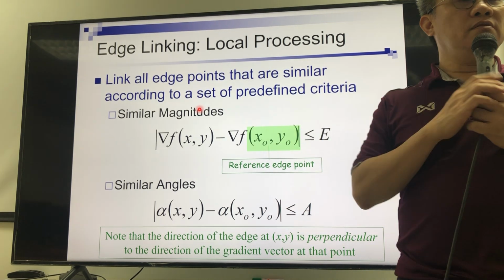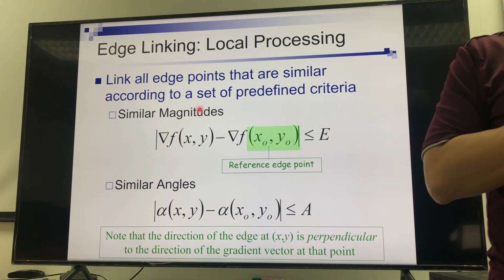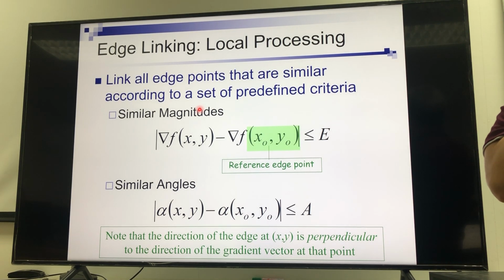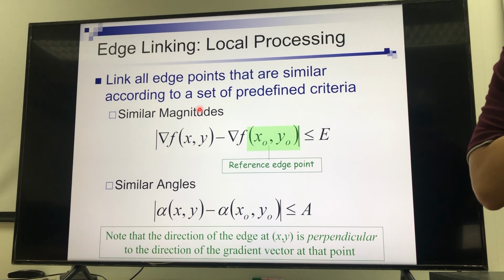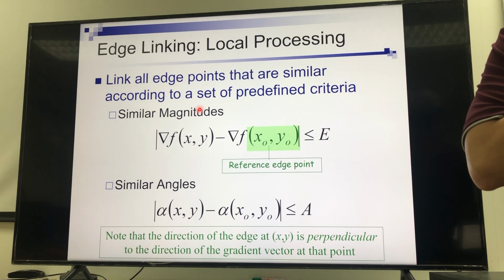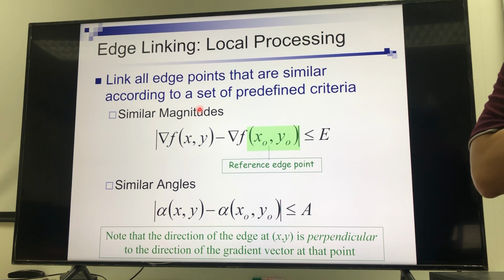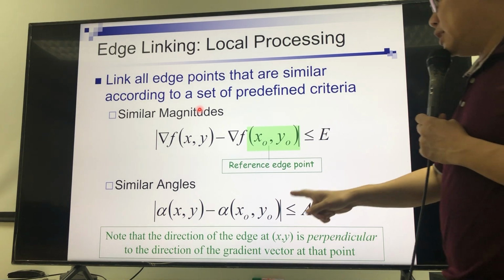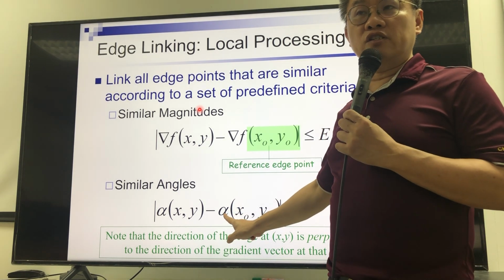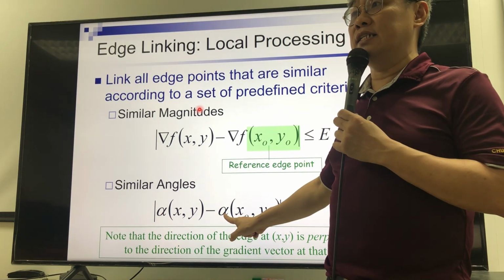Remember the angle we defined previously from the gradient in x and gradient in y: alpha is the arctangent of gradient in y over gradient in x.